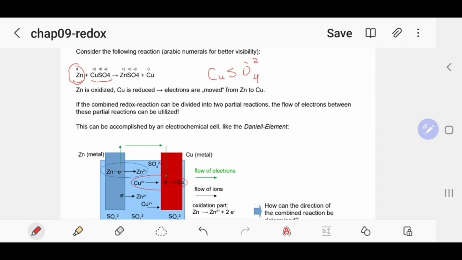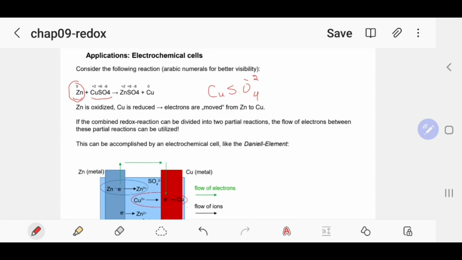And the copper is normally 2+ or 1+. How do we know? We determine depending on the charge that we get from the sulfur. So in total now we have -2 times 4 for the oxygen, which is -8. So the copper and sulfur both together should have +8.